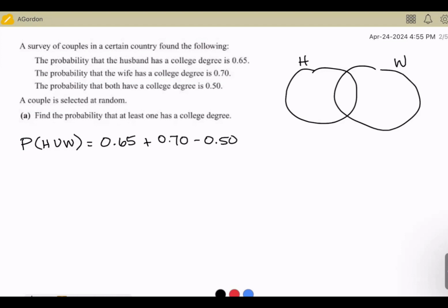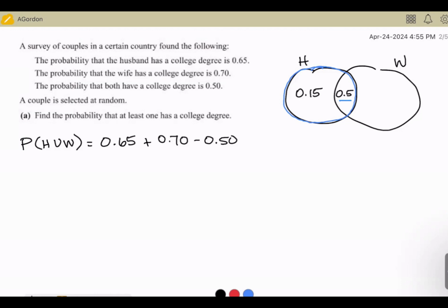The overlap between these two sets is 0.5. And so what's left in the husband set is not the whole 0.65, because we want all of it, all of my blue circle here, the total of it to be the 0.65. So if we already have 0.5, we just want the leftover over here, so just the 0.15.